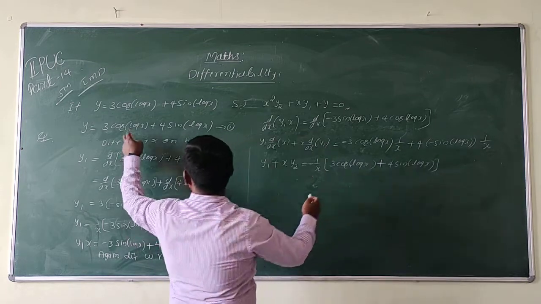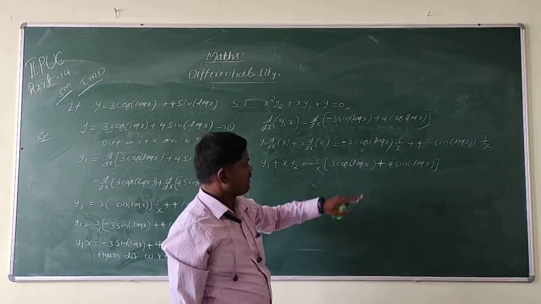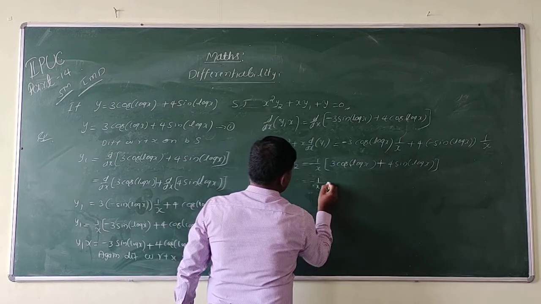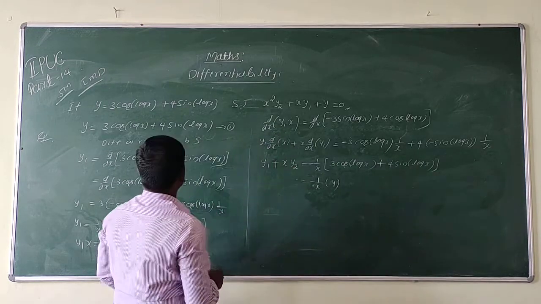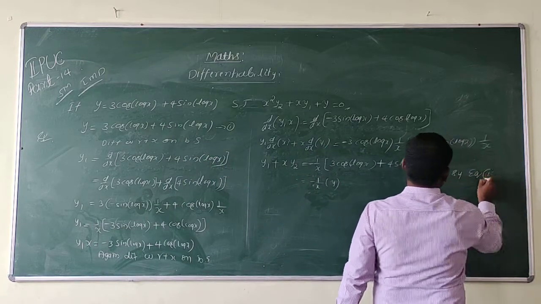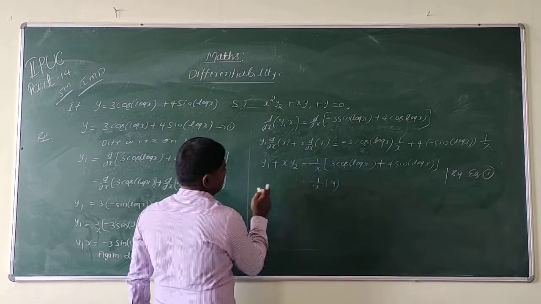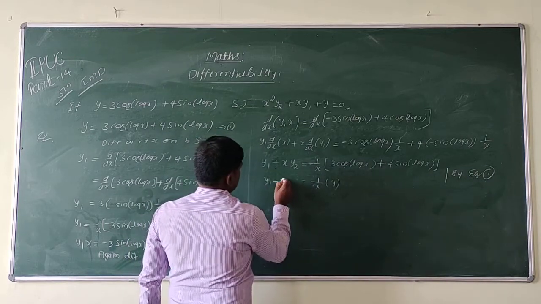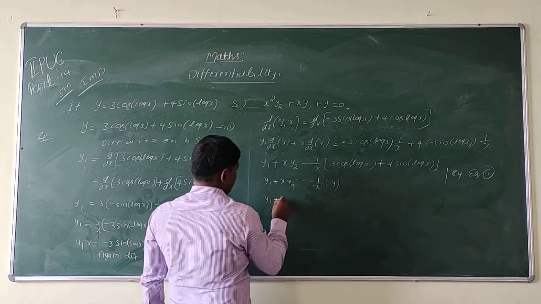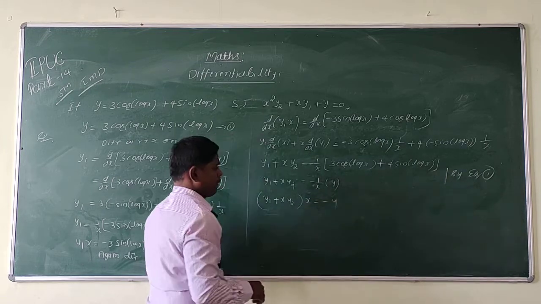So by equation 1, y is equal to 3 cos log x plus 4 sin log x. So therefore we are right, this one is minus 1 by x into y. So from equation 1, again we are going to multiply by x here: y1 plus x into y2 into x is equal to minus 1 by x into y, times x.